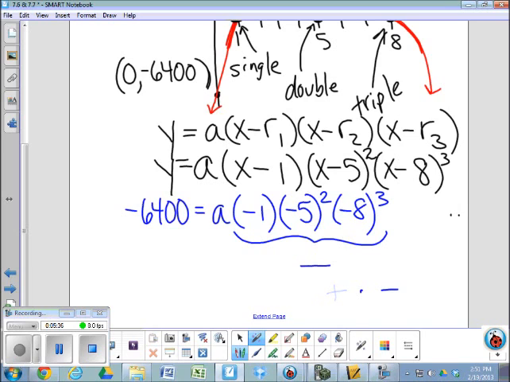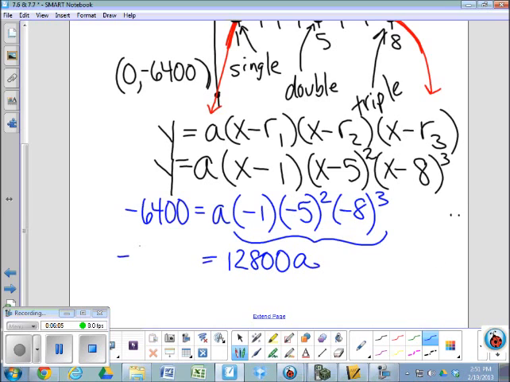What do you get when you do a negative times a positive times a negative? It doesn't depend on the order. Still get a positive. So you definitely get a positive here. You get positive 12,800a equals negative 6,400. So I picked a nice y-intercept because when you divide, you get negative 0.5.